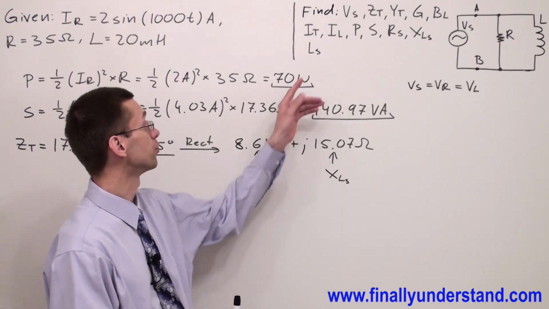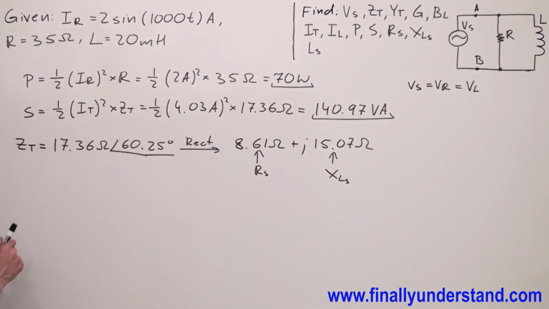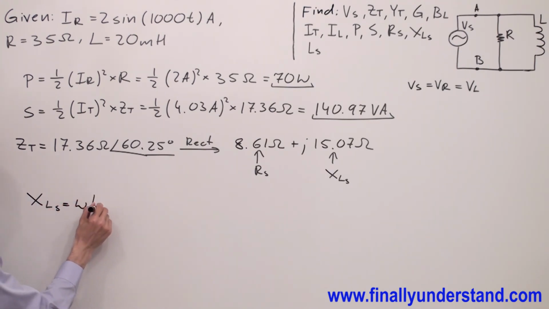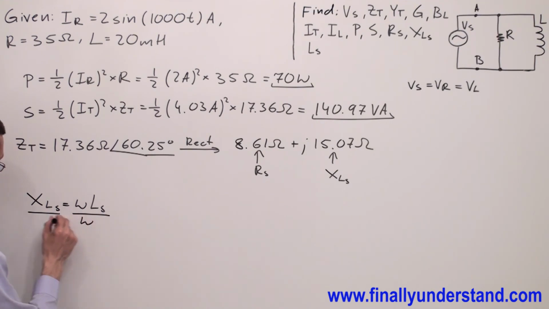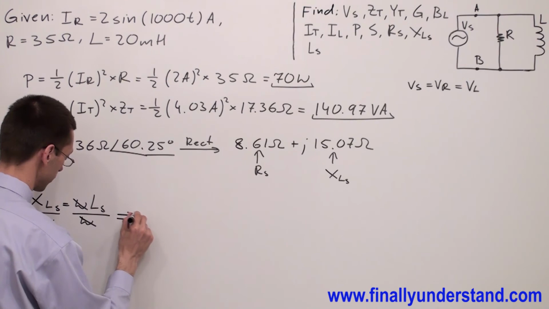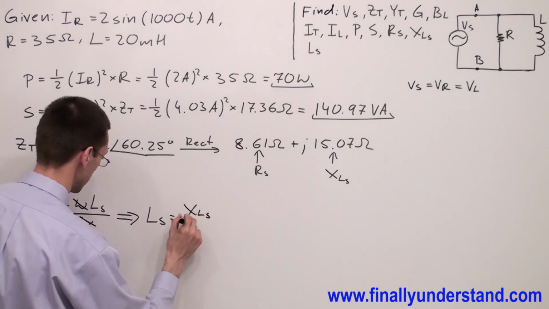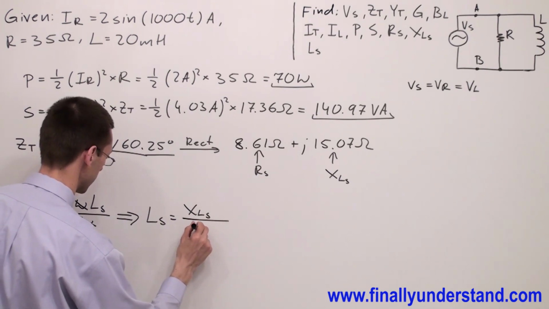Next, I'm supposed to find the inductance. So in order to find Ls, I'm going to use the formula for the inductive reactance. So X of L S is equal to omega Ls, because I have been given omega. In order to find Ls, I have to divide both sides of my formula by omega. Omega and omega will cancel out, and I will have Ls equals X of Ls over omega.